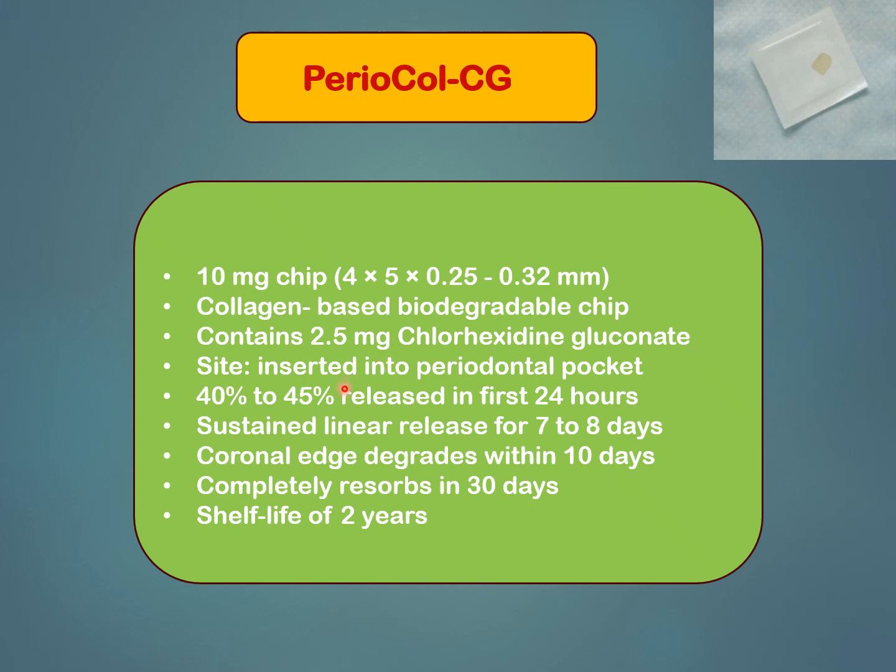So when it is inserted inside the periodontal pocket, for the first 24 hours, there is about 40% to 45% release, followed by sustained linear release for 7 to 8 days. So coming to its resorption, initially there is coronal edge degradation within the first 10 days, then there is complete resorption in 30 days. So this chip has a shelf life of about 2 years.